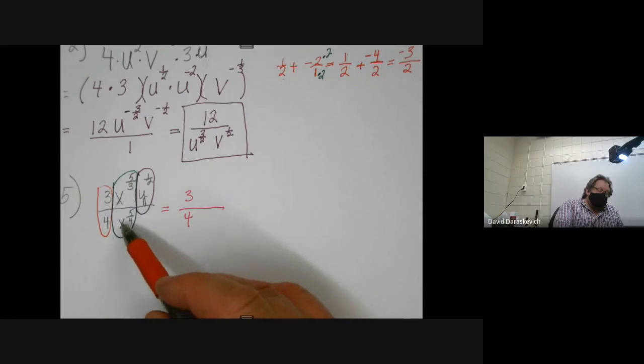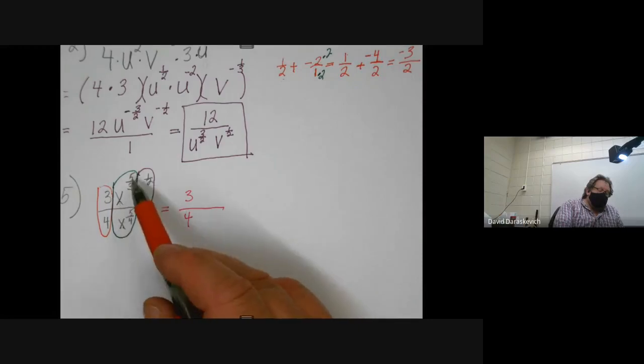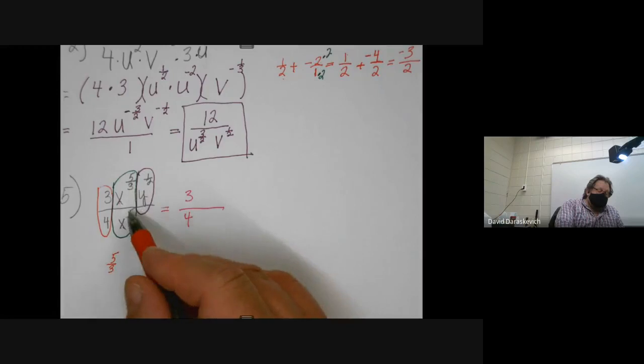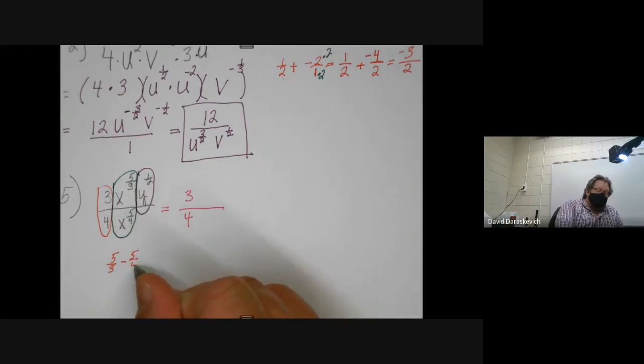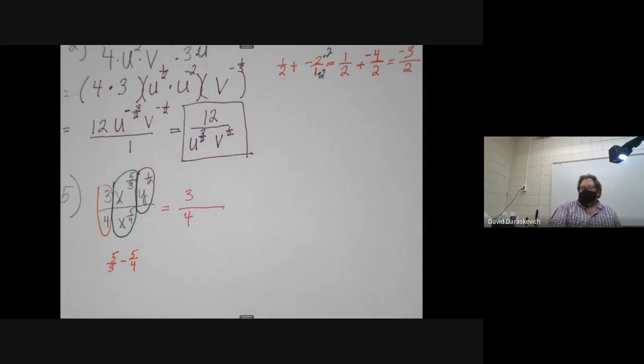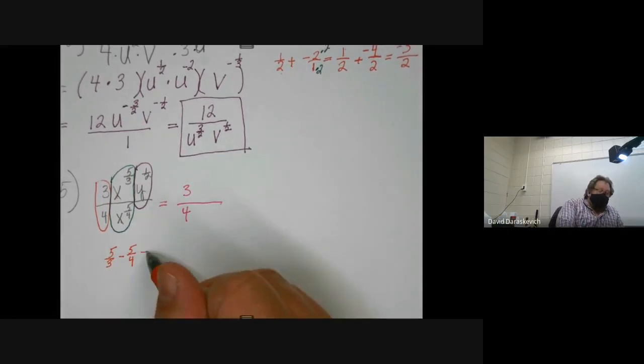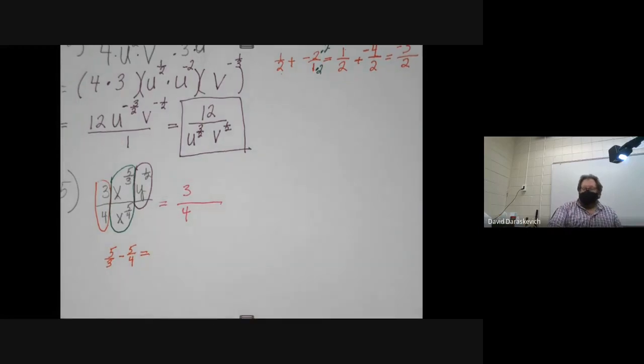When I have the same base being divided, I have to start with the numerator exponent, which is 5/3, and I have to subtract 5/4. Now I'm going to do this one manually just to get some practice with subtracting fractions. Many times you can just look at the denominators and multiply them together.